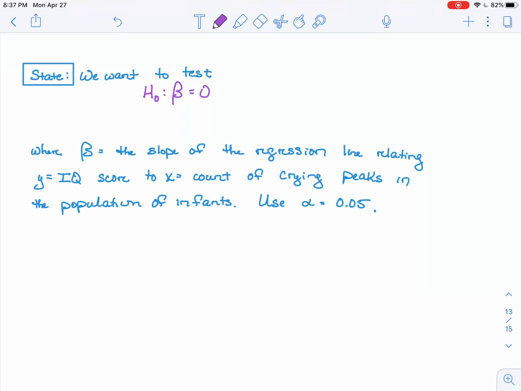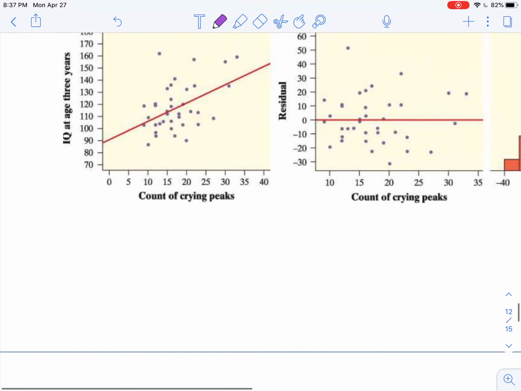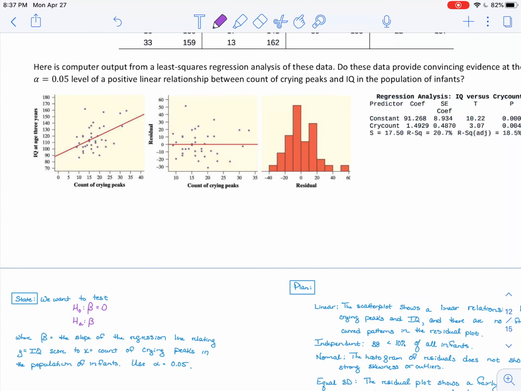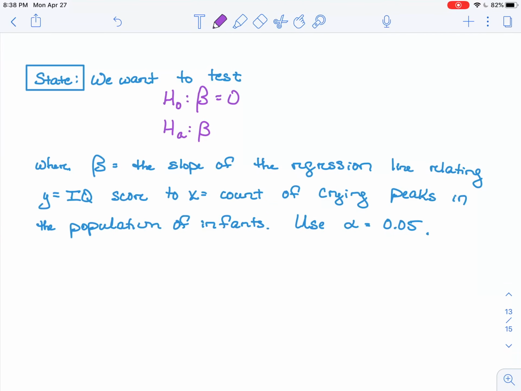So I'm just going to state that I would like to know, I don't know why I'm using purple, sorry. We're going to be testing beta equals 0. We're going to assume that's true until proven otherwise. And we're going to contrast it against, not just that it's not 0, if I read carefully, we're testing a positive linear relationship.